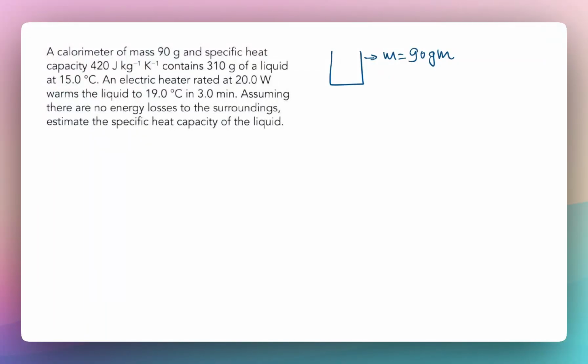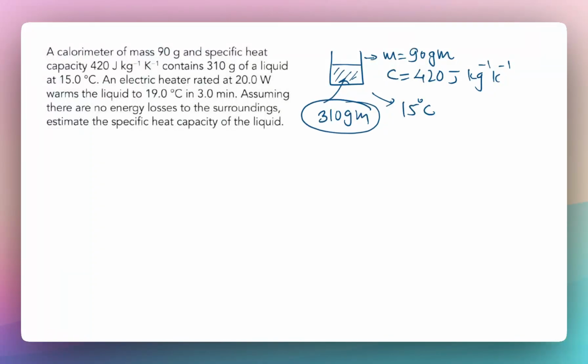And the specific heat capacity C for this is 420 joule per kg per Kelvin, and it contains a liquid, which is 310 grams, right? And the liquid and the calorimeter right now to start with are at 15 degrees Celsius. Okay, so that's our starting point. We don't know much about the liquid, but we proceed.